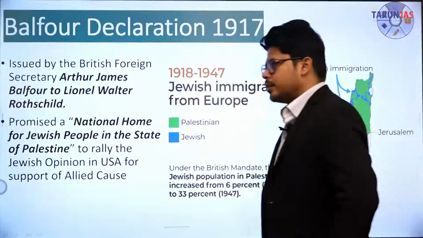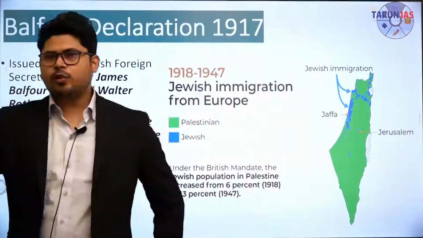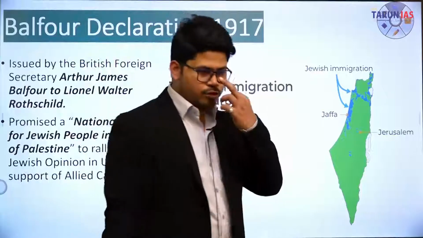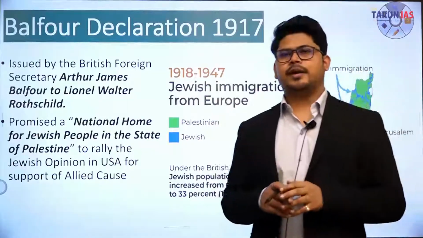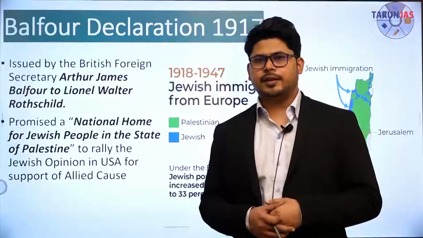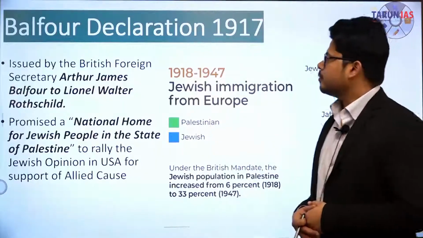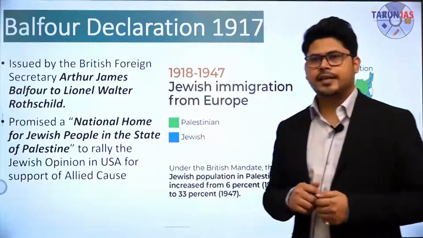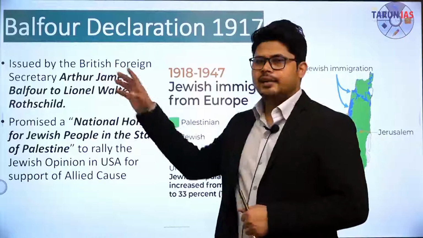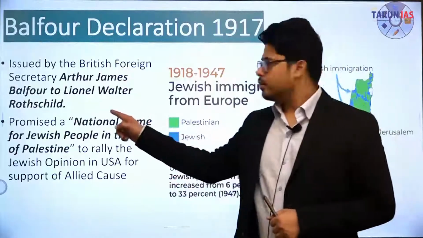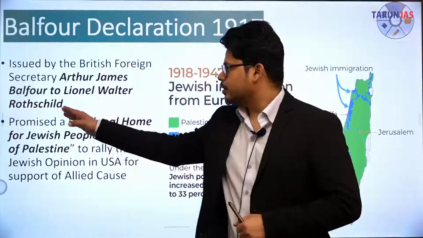Now what happened was, during the First World War, Britain wanted... Jews were a very powerful entity in the whole of France and Europe and also the USA as well. ठीक है. So what happened was, the British Foreign Secretary Mr. Arthur James Balfour made a declaration to Lionel Walter Rothschild.